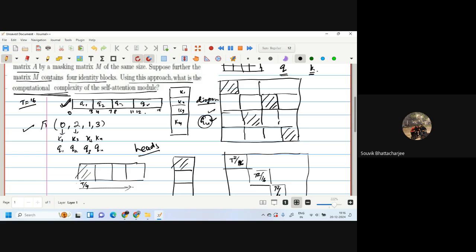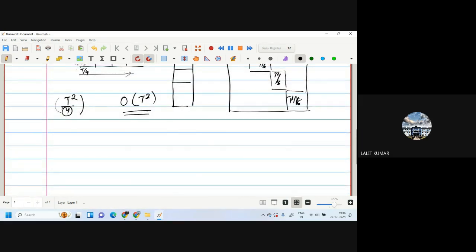But in the lecture, the complexity for block attention was given O(T square by C into D), right? So shouldn't we keep it O(T square by 4), though it's constant over there, linearly increasing? If I'm not wrong, your O(CTD) was for when you are using local attention.